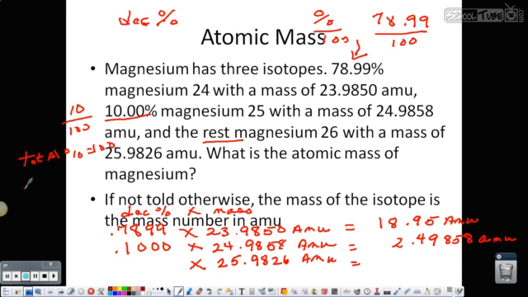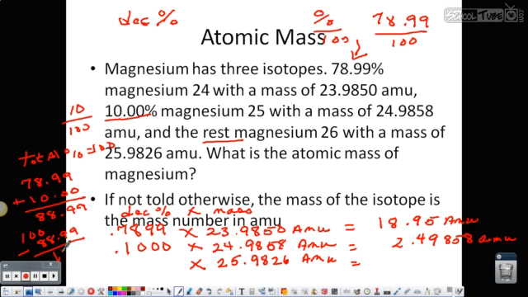So I have 78.99 plus 10 for a total of 88.99%. The total percent is 100, so 100 minus 88.99 is going to be 11.01.